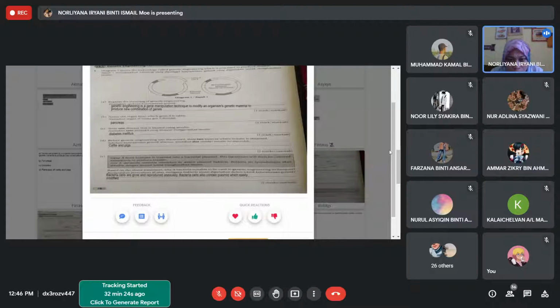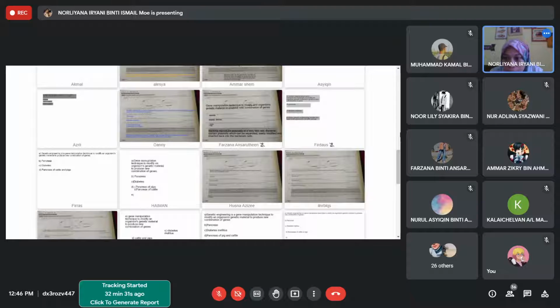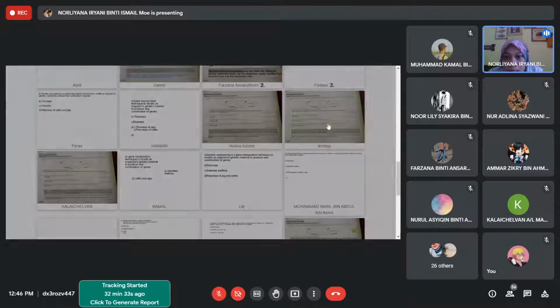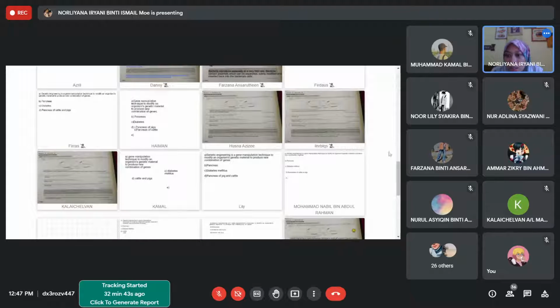Bacteria cells also contain plasmid which is easily modified. Okay, correct, Husna. You got 2 marks. Ili: Bacteria can be genetically modified so they can have the gene produced. Can be genetically modified. You got only 1 mark, Ili. You missed the first point.